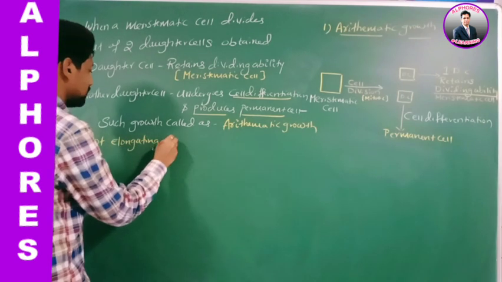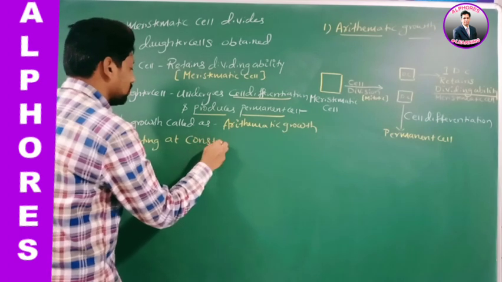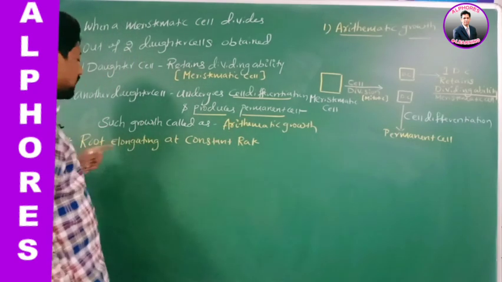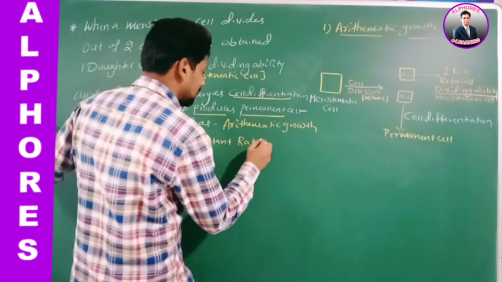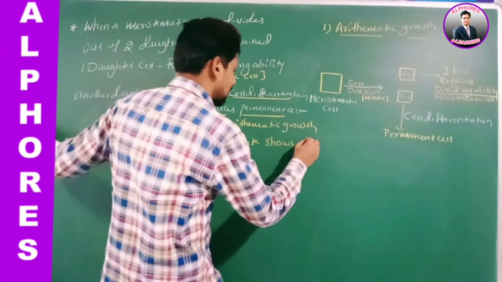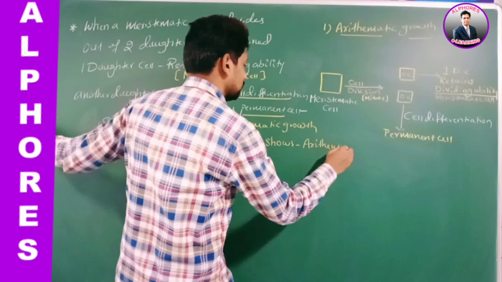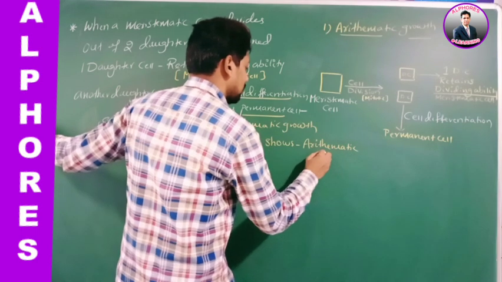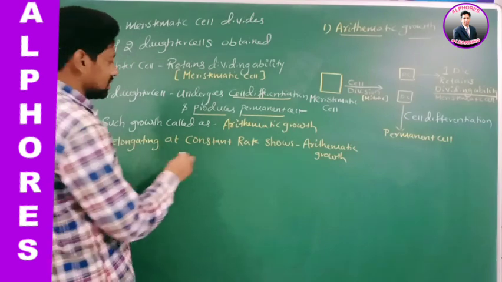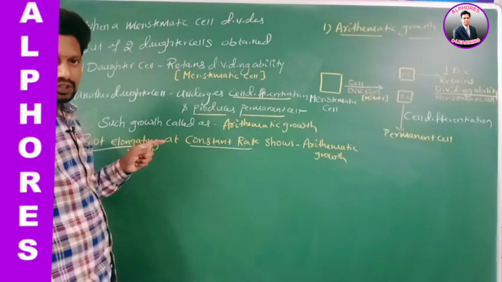This statement is important: root elongating at a constant rate shows which growth? Arithmetic growth. Is it okay?